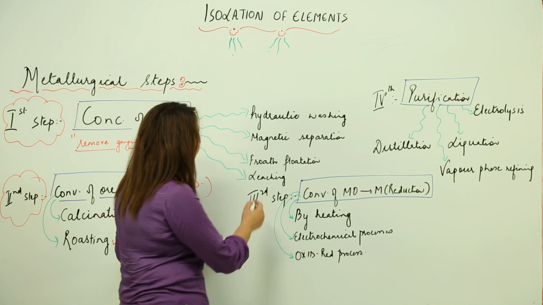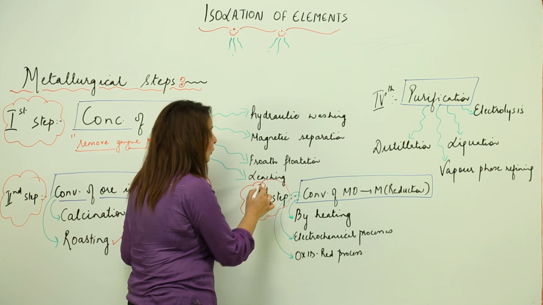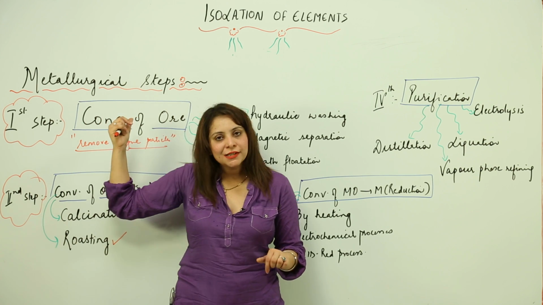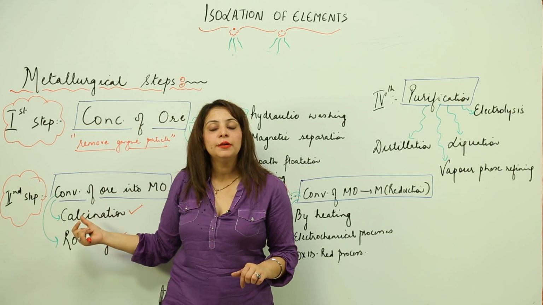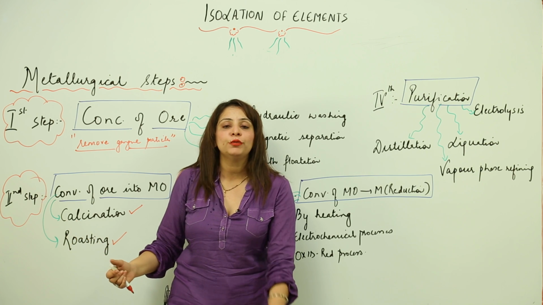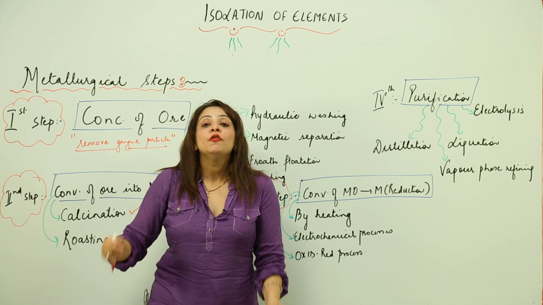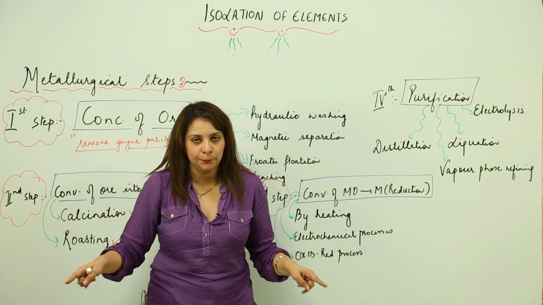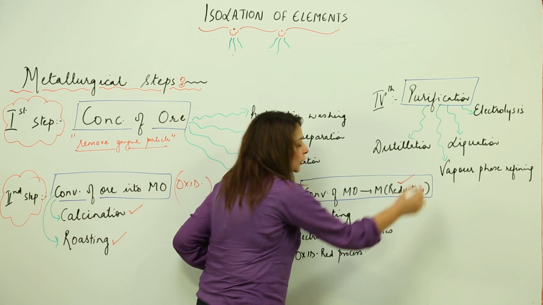The third step: earlier you had a rock, an ore, then you concentrated it, and now you have a metal oxide. What we are going to do with the metal oxide is convert it into metal and oxygen, that means we'll separate them. That is called reduction.